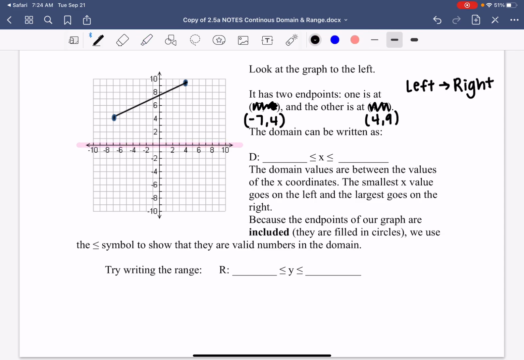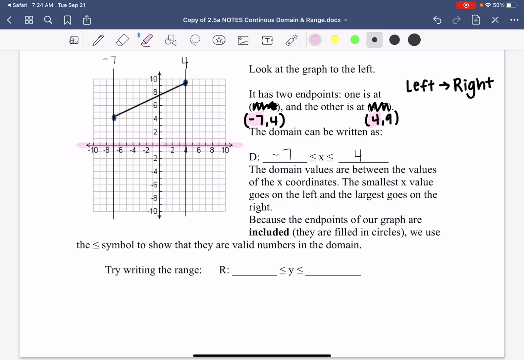And the furthest left that my graph goes is at -7. And the furthest right the graph goes is at 4. Okay, so the domain can be written as -7 to 4. If you label the endpoints, guys, notice how our x values are the domain's numbers that we're using.